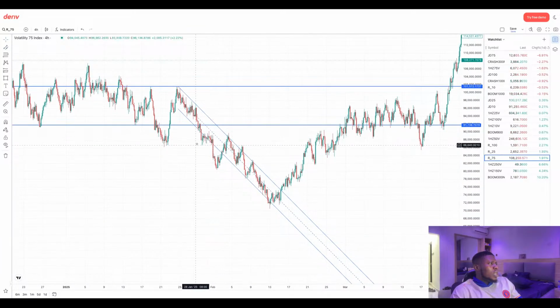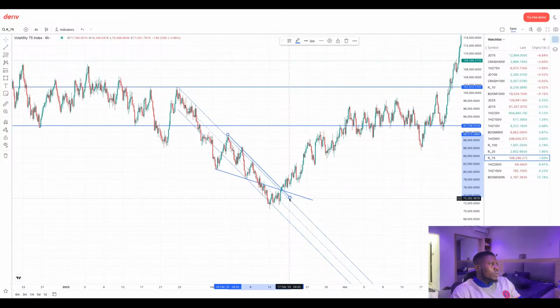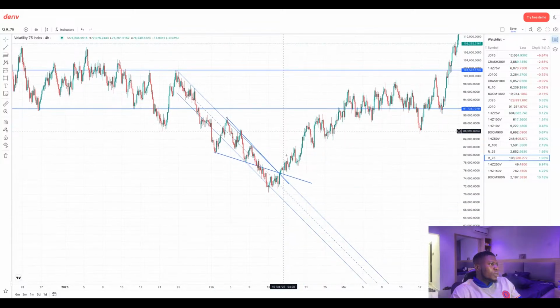But let's see. We already had a breakout here. So we'll have this pattern forming. This is a reversal pattern forming. So this is a wedge.